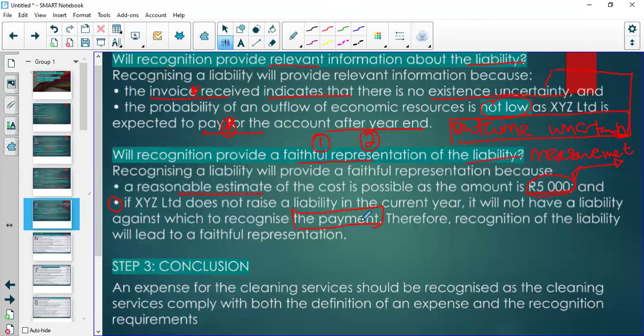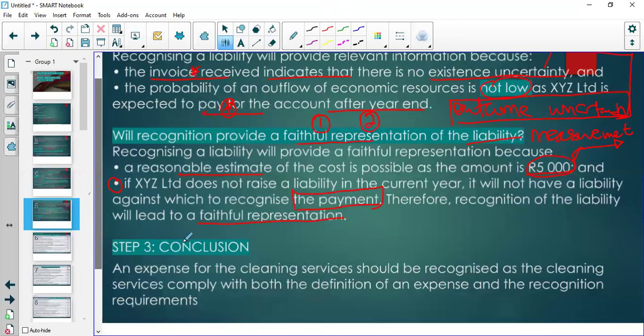So to avoid a mismatch, we have to recognize a liability now. And so that will lead to a faithful representation. So in that regard, we make a conclusion that this should be recognized because it meets the definition of an expense and the recognition requirements.